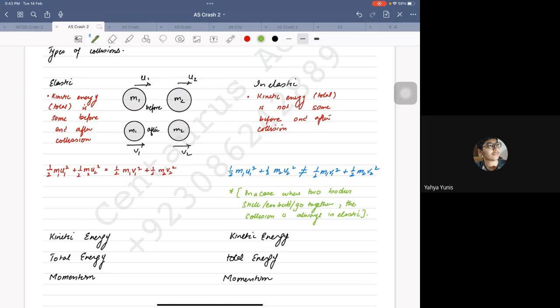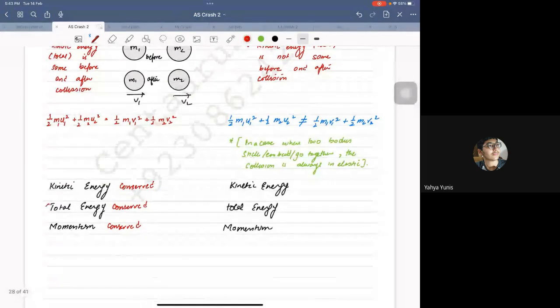Okay. Good. Very nice. Now, the question then remains, what happens to total energy and momentum? Does it also change or is it not conserved or something like that? No. In this situation, if it's an elastic collision, the kinetic energy is conserved. The total energy is conserved and momentum is also conserved, because these two are laws, and laws do not break.